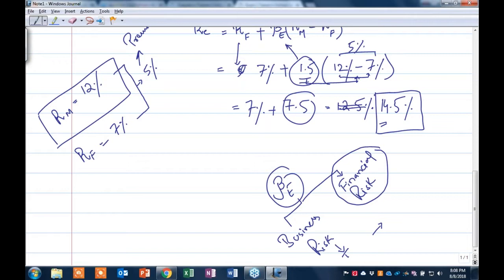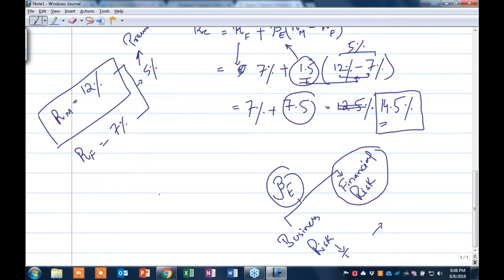We will be doing the same business, therefore we'll have the same business risk. But since we may have a different capital structure, we may have a different debt to equity ratio, therefore we will have a different financial risk.